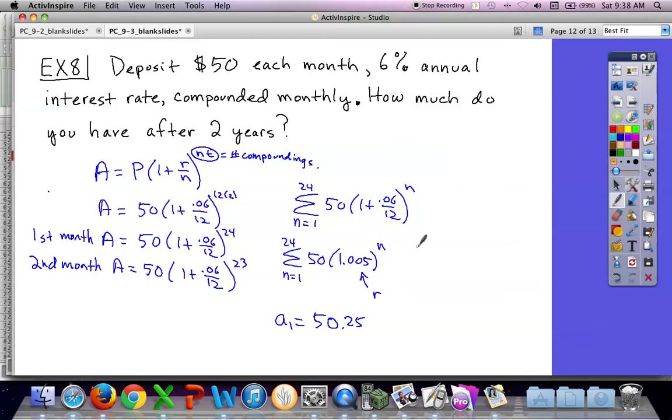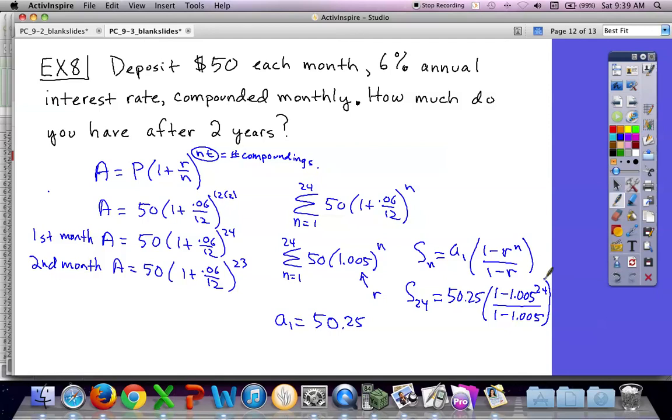So the sum would be A1 times 1 minus R to the N over 1 minus R. So I'm going to plug in, S24 equals 50.25 times 1 minus 1.005 to the 24th divided by 1 minus 1.005.